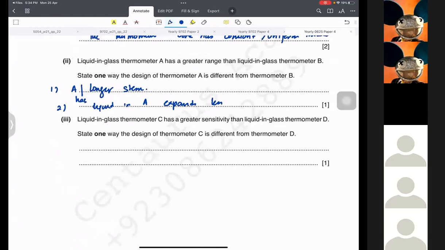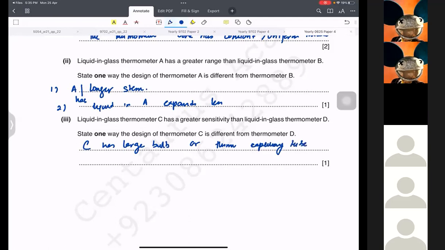Now, liquid-in-glass thermometer C has a greater sensitivity than D. State one way the design is different. To increase the sensitivity, you need to have a larger bulb. So C has a larger bulb, or it could have a thinner capillary tube.